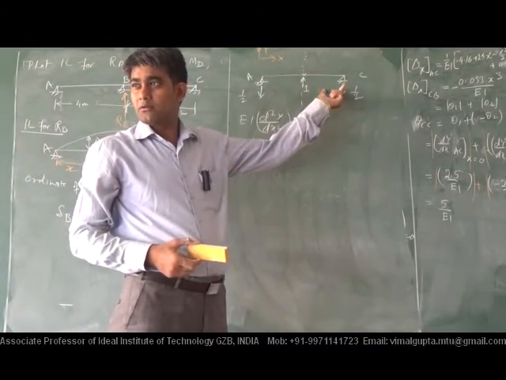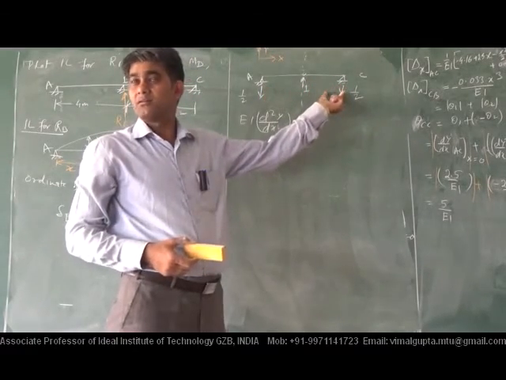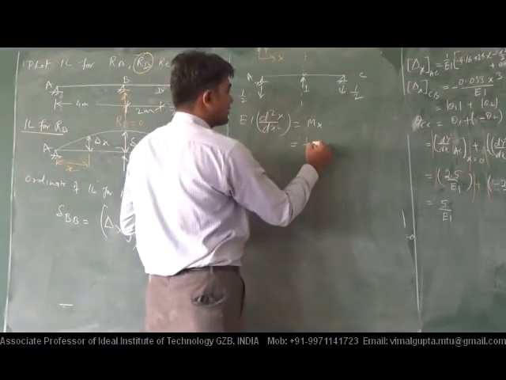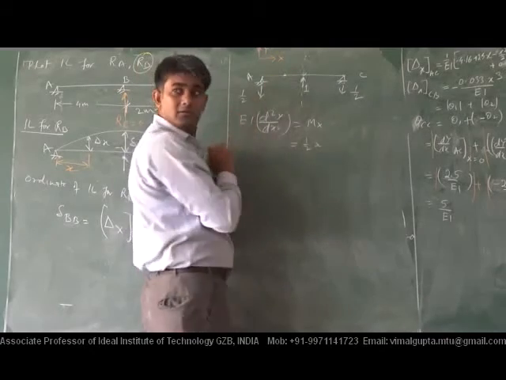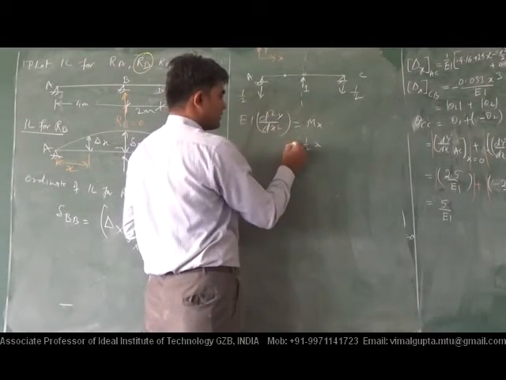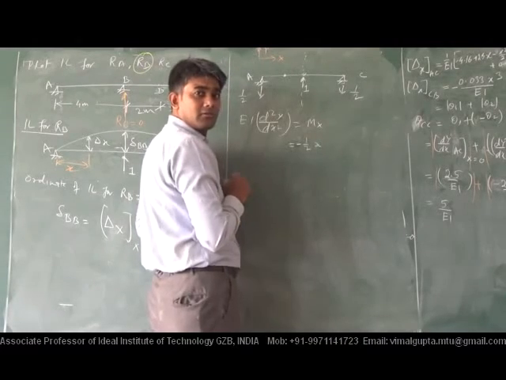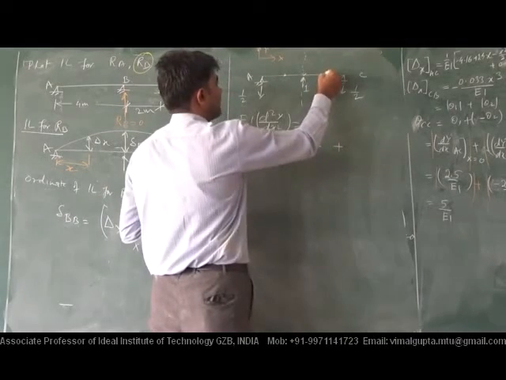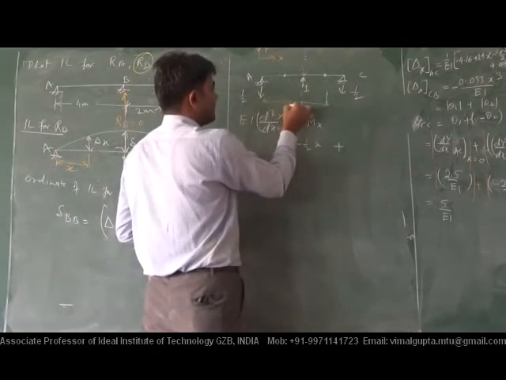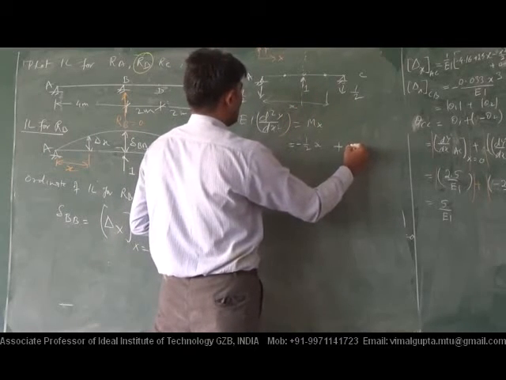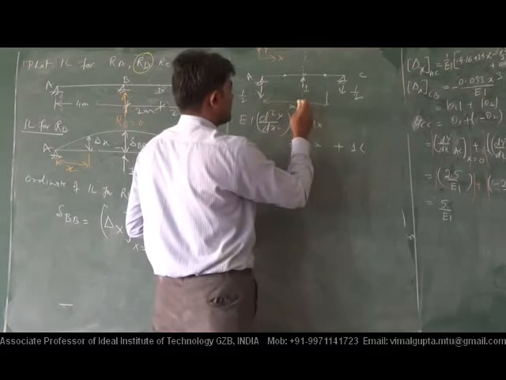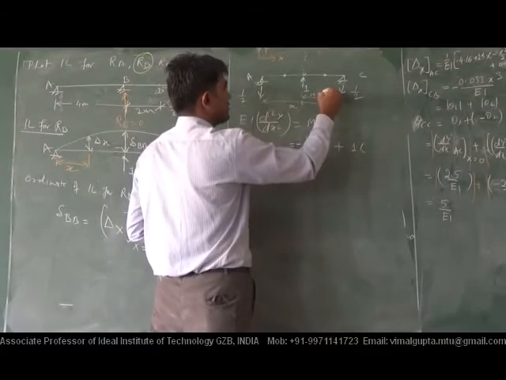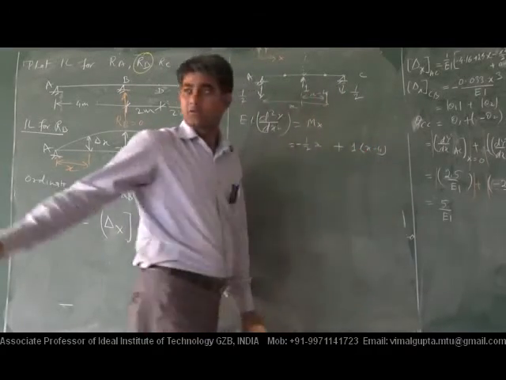Get it everybody? So the value of Mx will be written as 1 by 2 into x, this one part, minus 1 by 2 x, clear, then plus, here at this one section, if this section is x, it will be 1 into this one distance, how much will this be, x minus 4, clear.